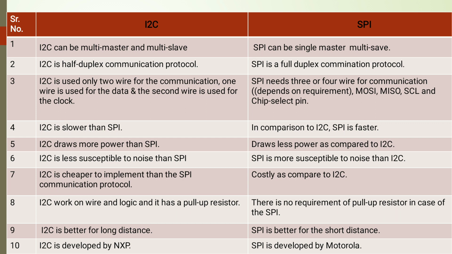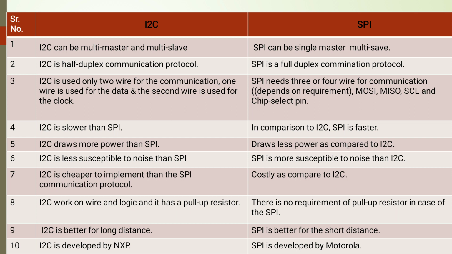Now we discuss the difference between the I2C and SPI communication protocols. I2C is a multi-master multi-slave communication protocol, whereas SPI is a single master multi-slave communication protocol. I2C generally supports half duplex communication, and SPI supports full duplex.